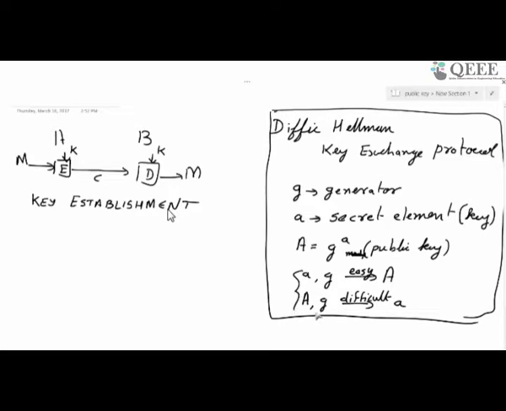Let us see how Alice and Bob could exchange keys between them using the Diffie-Hellman key exchange protocol. One thing which is global to everyone is this generator G. Alice would select some a, which is her secret key, and compute capital A equal to G to the power a mod P, which is the public key.